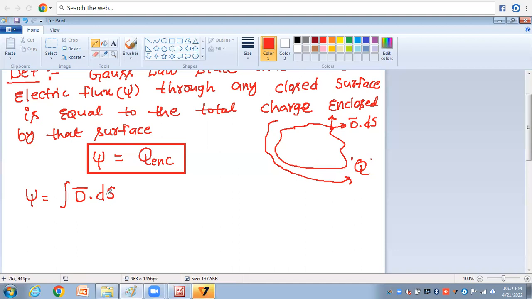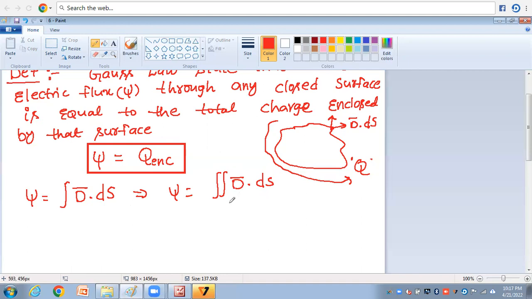This extends to psi equal to the double integral, because when you write a surface or area, you go with the double integral of D bar dot dS.